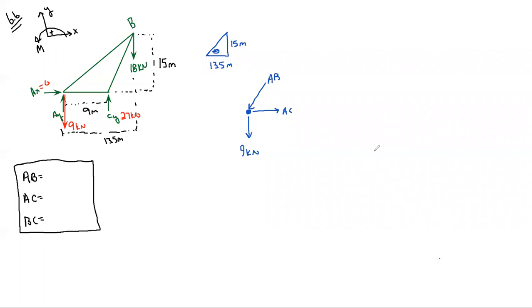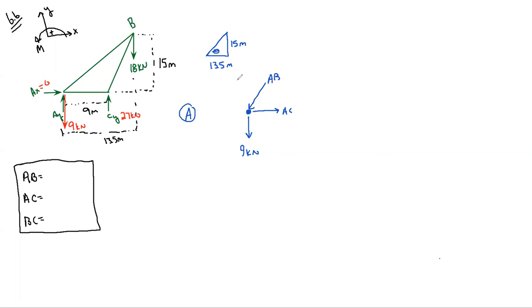All right, I went ahead and erased the board and then drew the free body diagram for point A. We've got 3 things going on at point A. We've got the 9 kilonewton force going down, a force in AC, and a force in member AB. AB is at a diagonal, so we're going to need to know the angle.